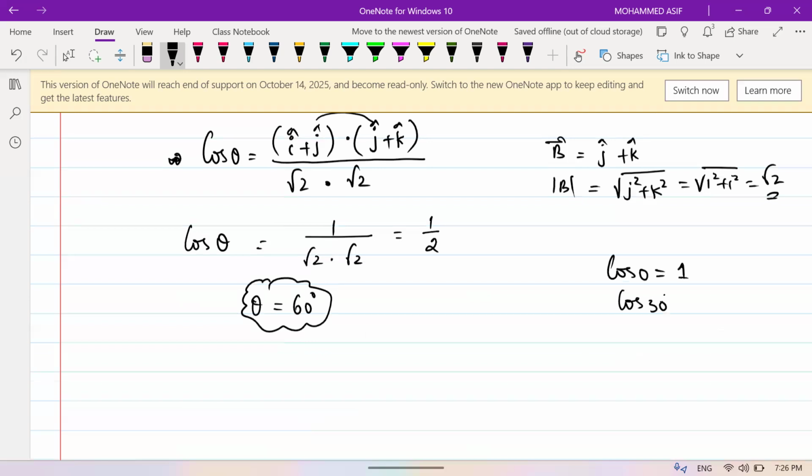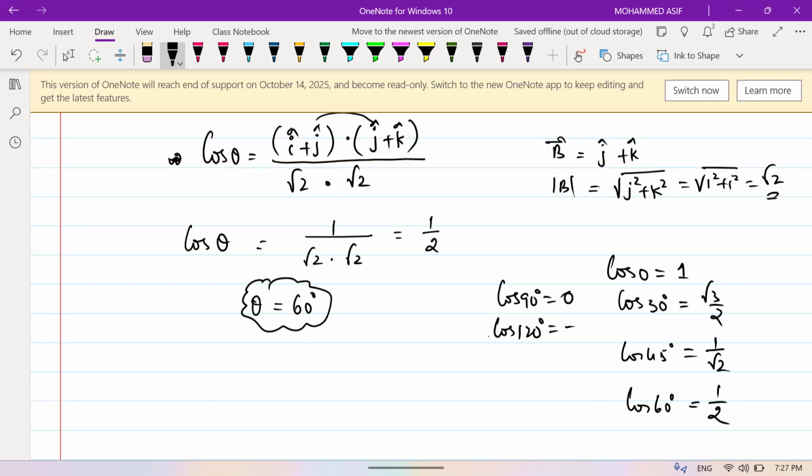Cos 30 is equal to root 3 by 2. Cos 45 is 1 by root 2. Cos 60 is 1 by 2. Cos 90 is 0. Cos 120 will be minus 1 by 2. Cos 180 is equal to minus 1. You need to remember it.